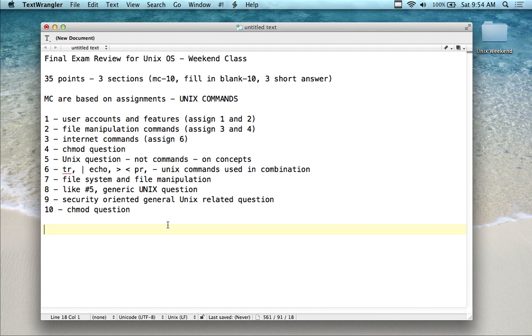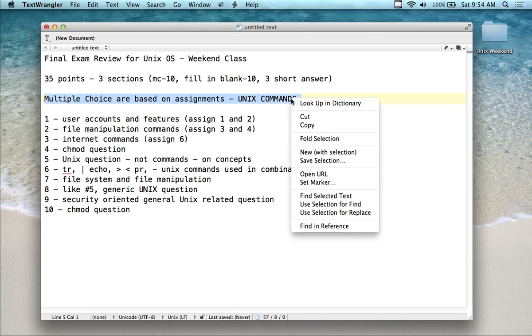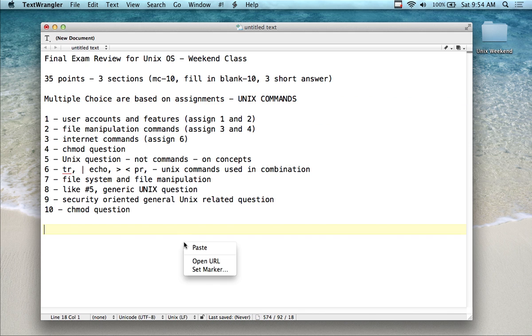Now the next part is where you're probably going to be challenged. So the next part, you have to write commands. So now, after you get done with multiple choice, I'm going to type it out. So these are based on the assignments, and I'll just cut and paste this one here. And these are fill in the blank.